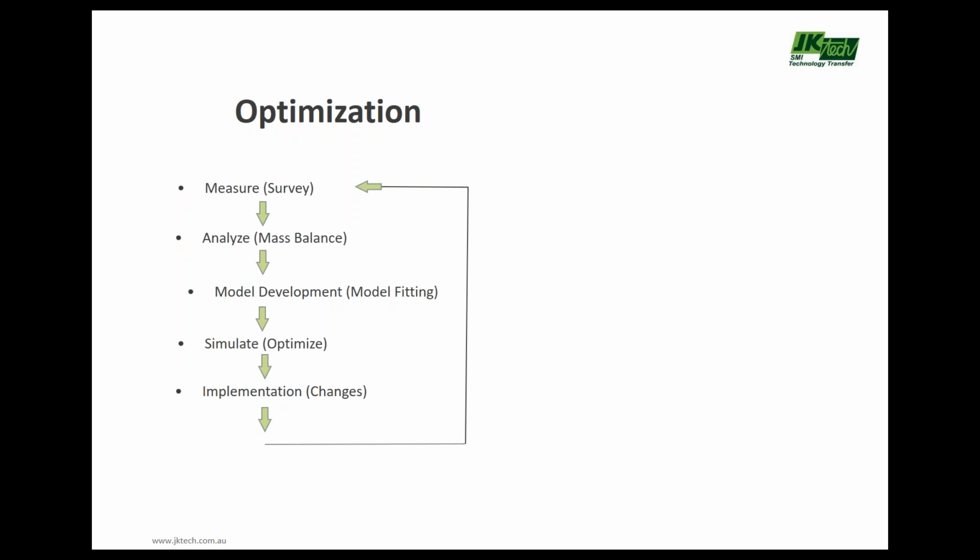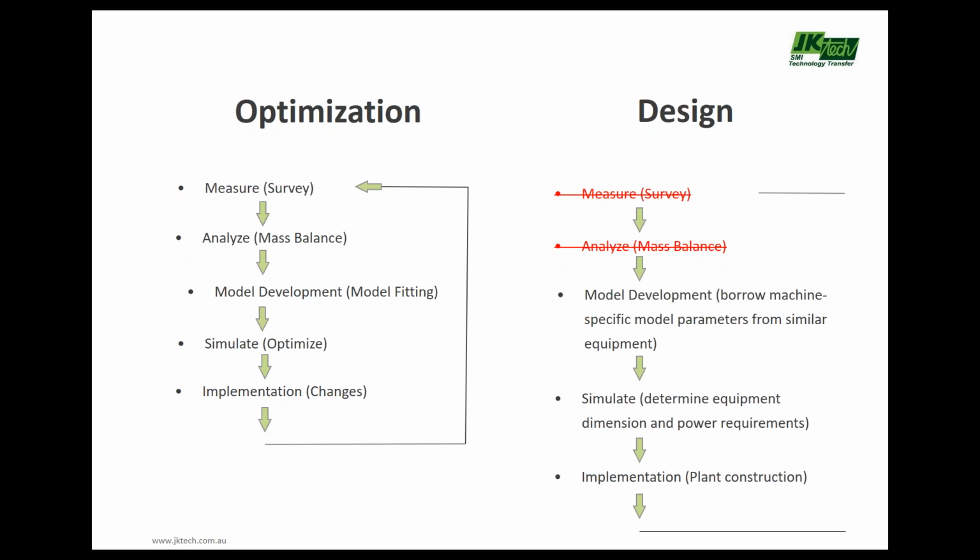The other major use for the JKSimMet software is to design new comminution circuits. Obviously, the plant doesn't exist yet, so we are not able to conduct any survey or analyze any data, but somehow we should be able to develop the model.